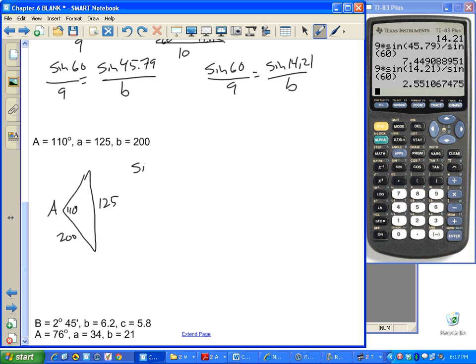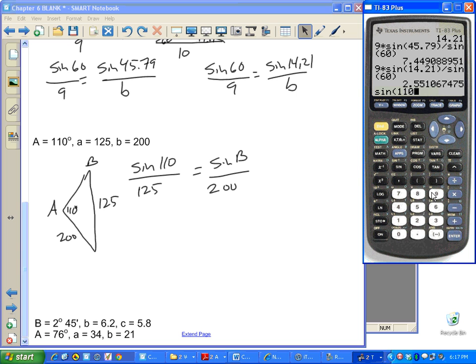All right, so the sine of 110 over 125 equals the sine of B over 200. So let's solve for the sine of B. Sine of 110 times 200 divided by 125.